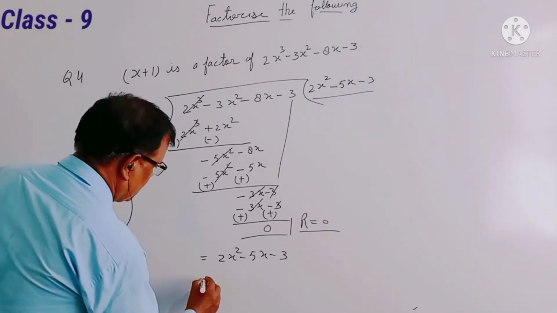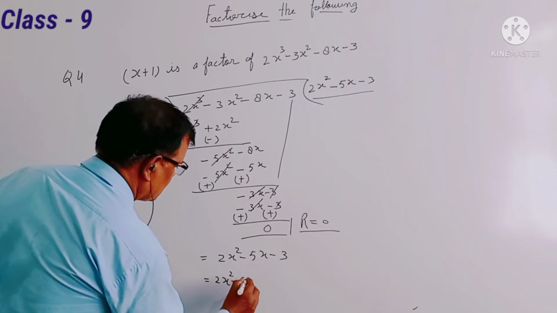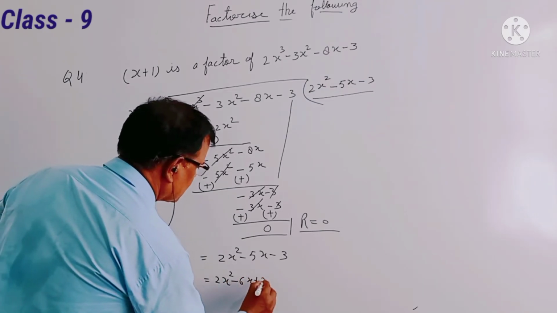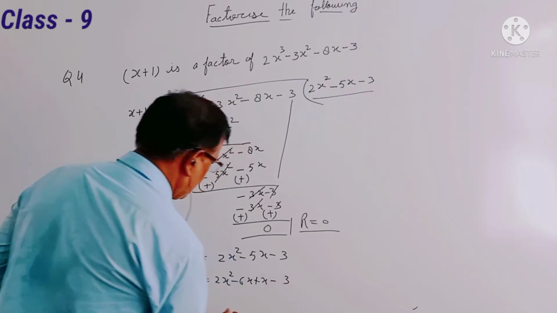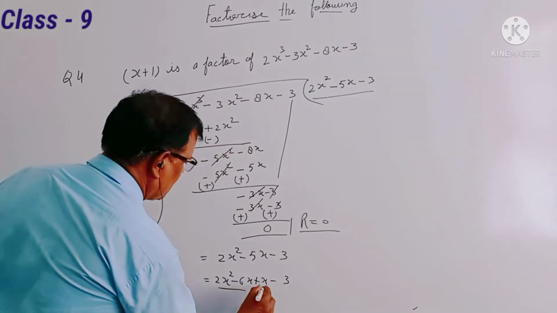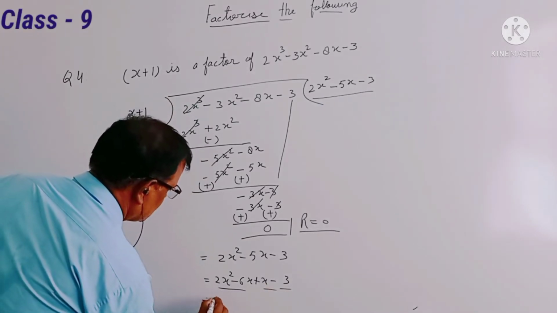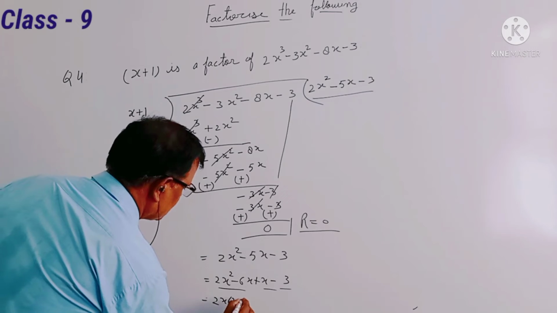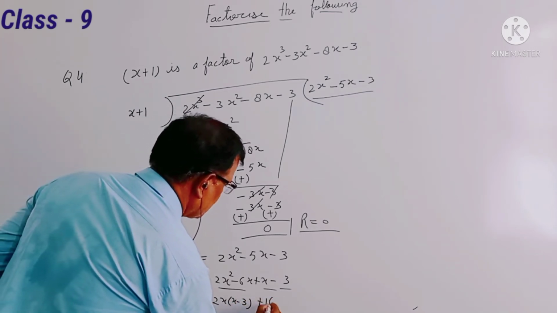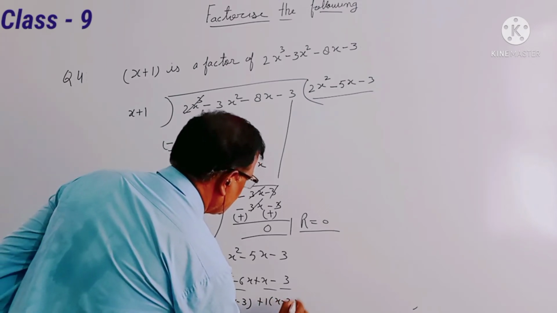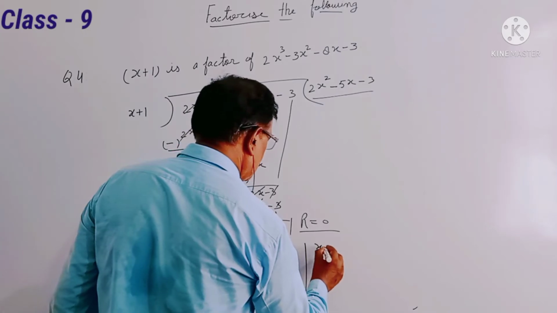Now we write it here as 2x square minus 6x plus x, since the numbers are 6, 1 and minus 3. Now we make the pairs and take the common factor: 2x minus 3 here, and here 1 is common, x minus 3. Now x minus 3 is common.